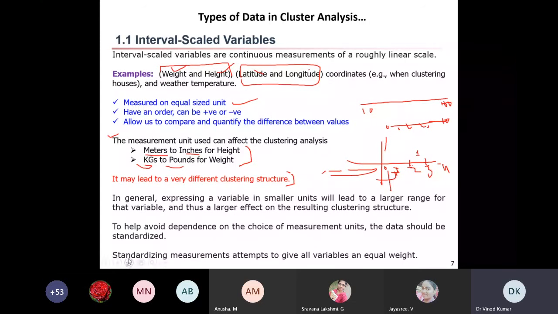Once you have standardized your data, you will be free from this type of effect in the clustering. Standardized measurement attempts to give all variables equal weight, so the benefit is equal importance to all variables like height and weight.